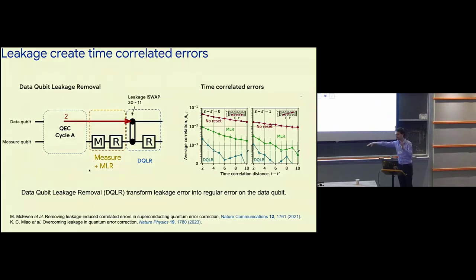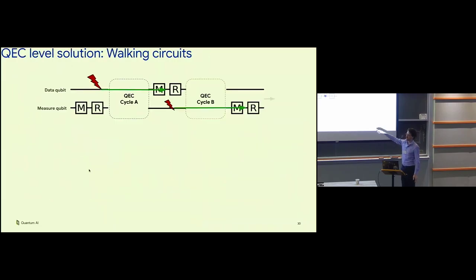And it's going to disrupt all of the adjacent qubits in a way that your code cannot take care of. So this is why this is bad. And the first gadget that we came up with to solve it is this leakage removal, the DQLR method. And the hope was that with walking code, if you don't have any transport, this problem is fixed.